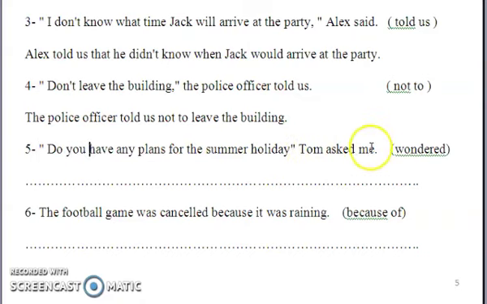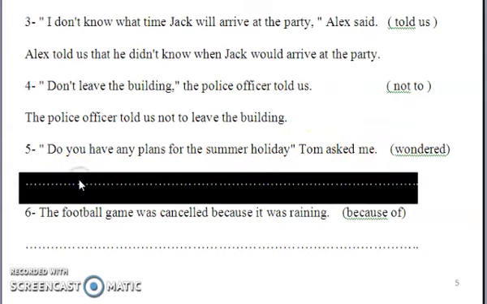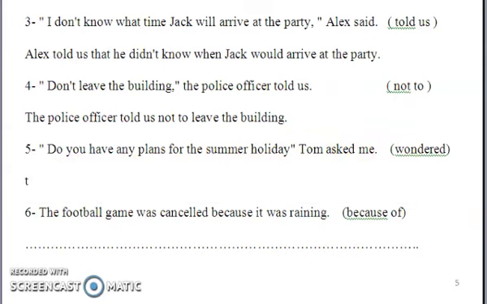Tom wondered if. Then I change the pronouns and the tenses to the past. Here I have the pronoun you. I change it to I. If I. Then I check the tense.